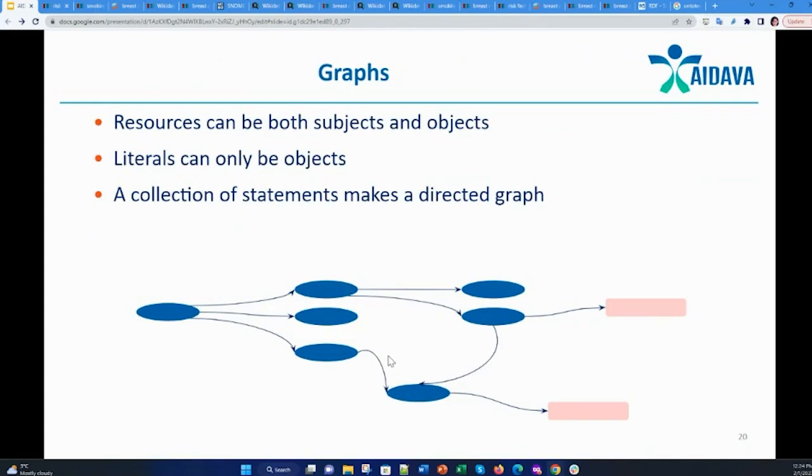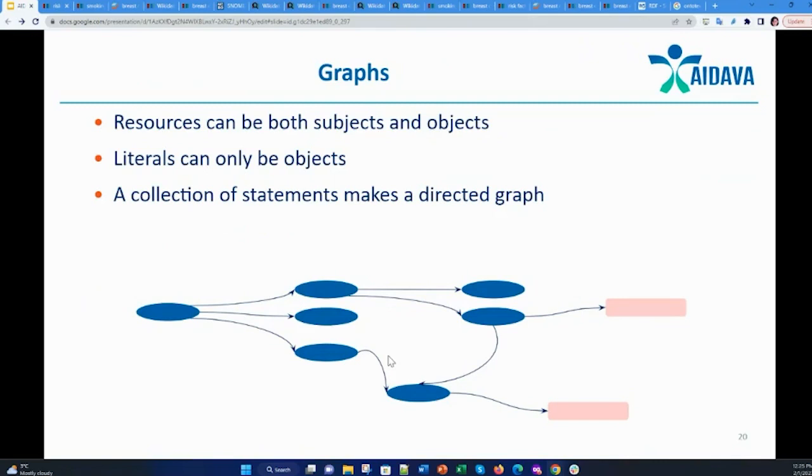URIs allow us to have connections between different concepts in our knowledge graph. Here we can see URIs presented as blue ellipses, and the literals presented as pink rectangular shapes.